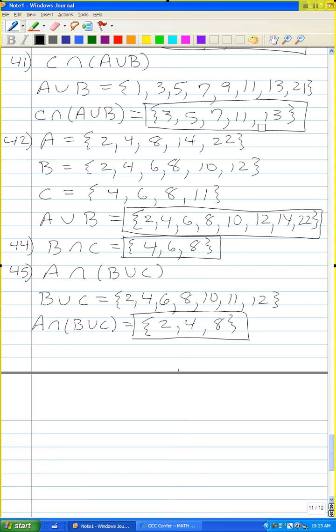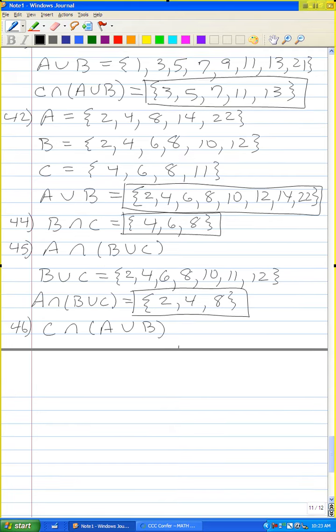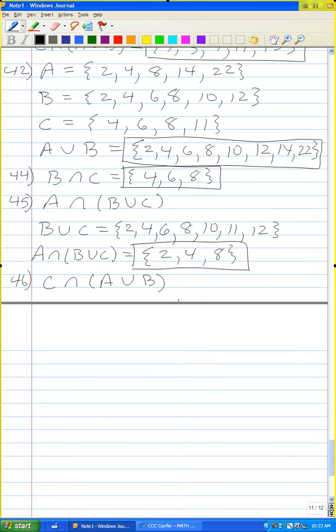Let me do problem number 46. C intersect A union B. So let's determine A union B. And so that's the set 2, 4, 6, 8, 10, 12, 14, 22.